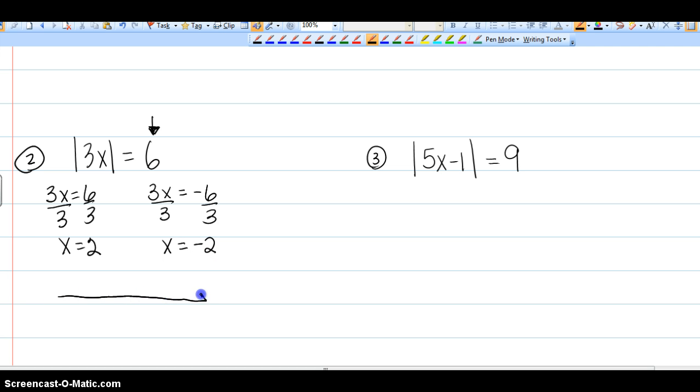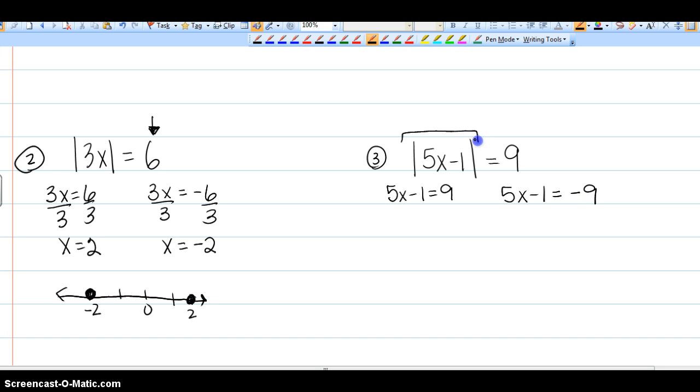And in this case, our answer is the same number, one positive and one negative. But in our third problem, that's not going to necessarily happen. So if we have 5x minus 1 equals 9, and 5x minus 1 equals negative 9.